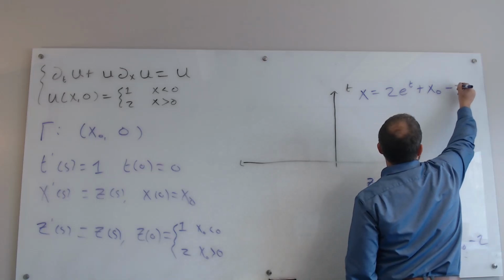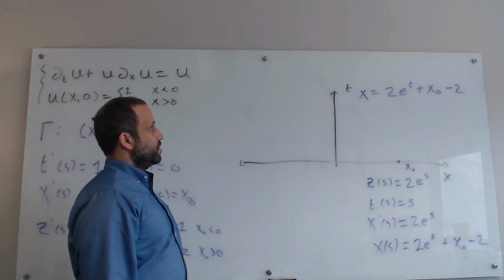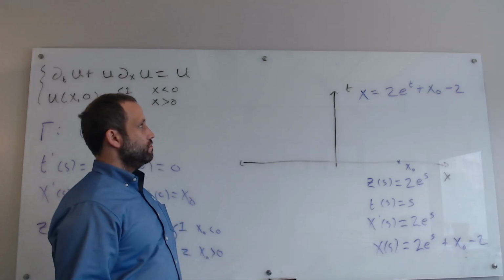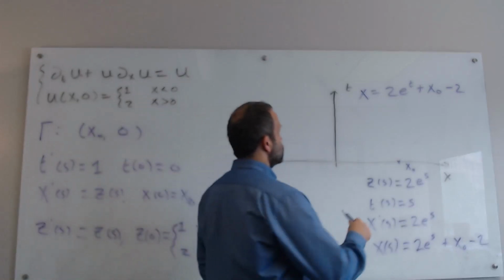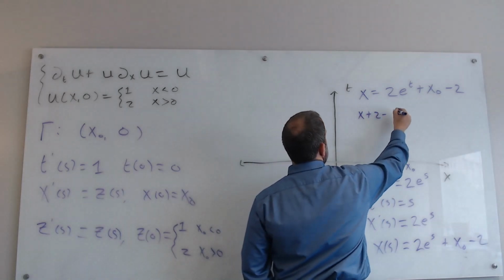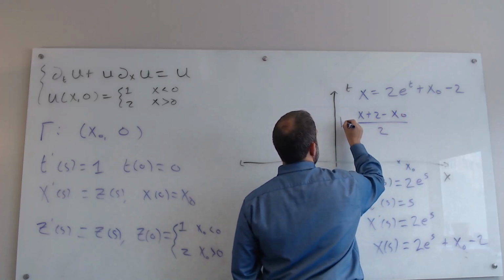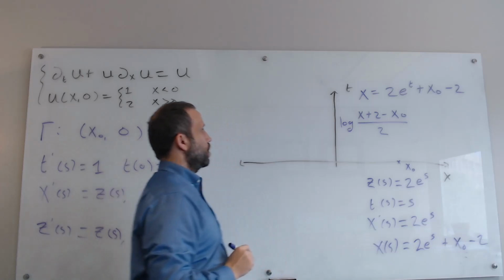And now what I can do is solve this for t in terms of x. So it's going to be x plus 2 minus x naught divided by 2, and I'm going to take the natural log of that.